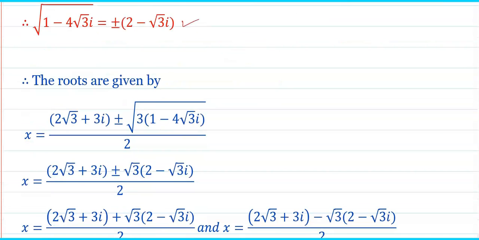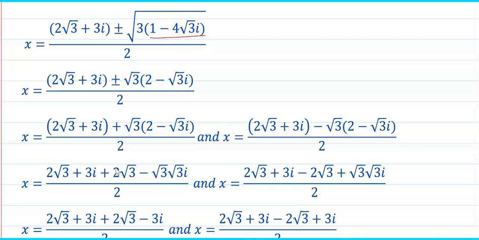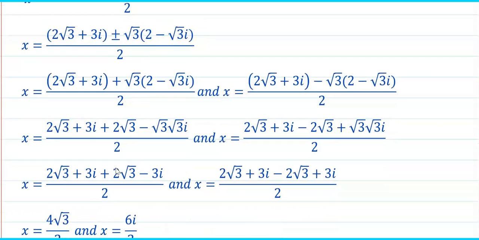Therefore the roots are given by x is equal to 2 root 3 plus 3i plus or minus the root of 3 times (1 minus 4 root 3 i). Here the value of this is root 3, and the root of this is 2 minus root 3 i, and here we have considered plus and minus. Now, once we take plus, once we take minus, and then simplify: 2 root 3 plus 3i, root 3 into 2 is 2 root 3, root 3 into minus root 3 i, you will get root 3 into root 3, which gives 3i.